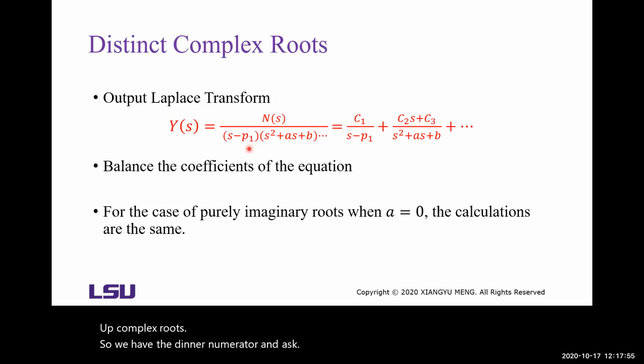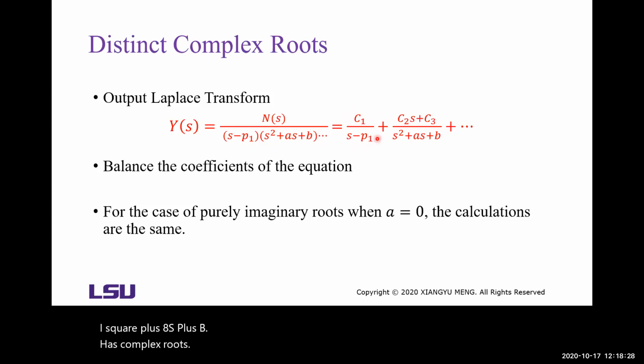Let's assume the denominator has the term s plus p1 times s squared plus as plus b. Let's assume s squared plus as plus b has complex roots.